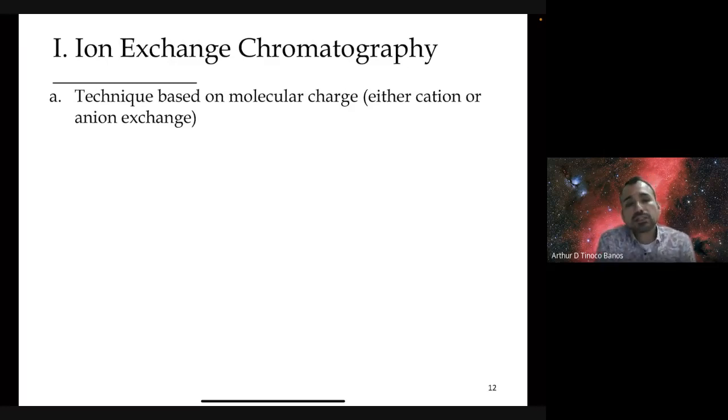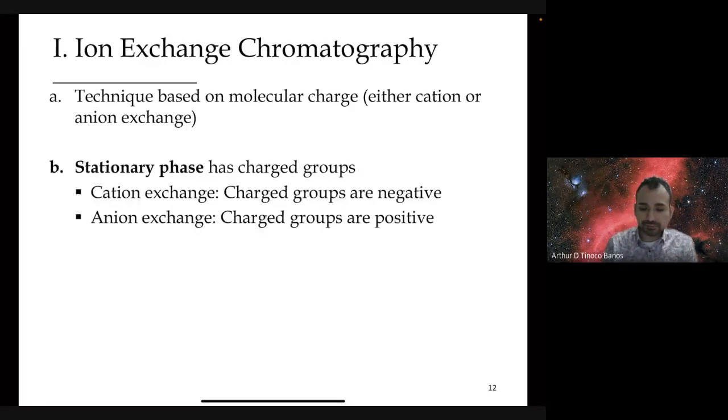So let's imagine that we want to do a type of chromatography where we're taking advantage of the charge. To do so, you typically would invoke an ion exchange process. And so here is a technique that's based on molecular charge. You can either have a cation or anion exchange. The stationary phase will consist of charged groups.